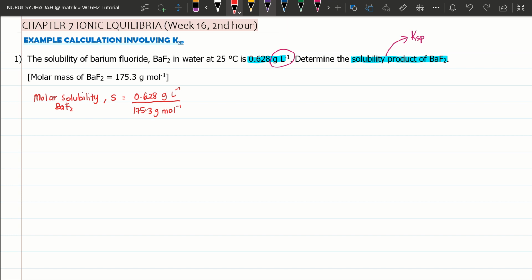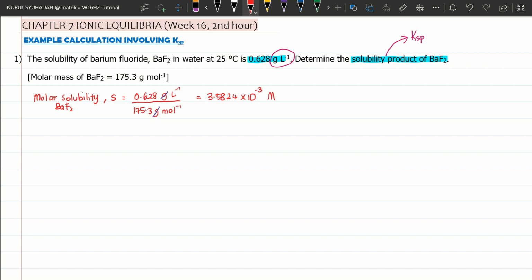So daripada sini sebenarnya awak dah boleh check that you will get the correct answer. Sebab apa? Okay, gram dekat sini kita akan potong. Okay, so nanti molar solubility, the value of S yang kita akan dapat dekat sini adalah 3.5824 times 10 to the power of negative 3 mol per liter. Atau if you don't want to put as mol per liter, awak nak tinggalkan dia sebagai molar pun diterima. Tak ada masalah. Okay, so that's the first step.